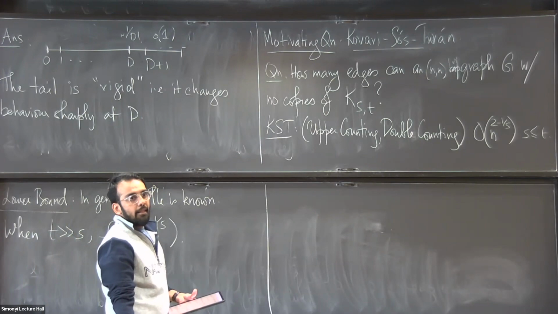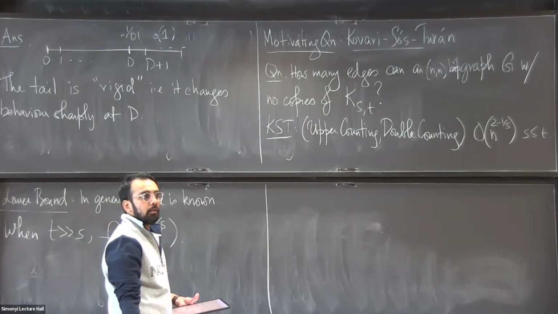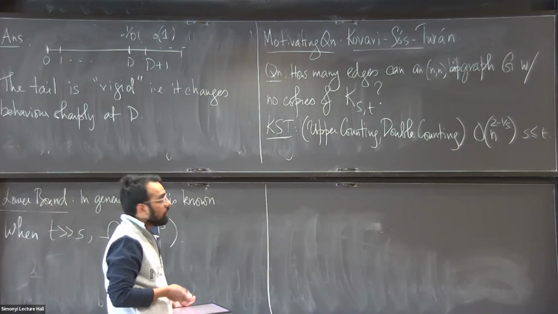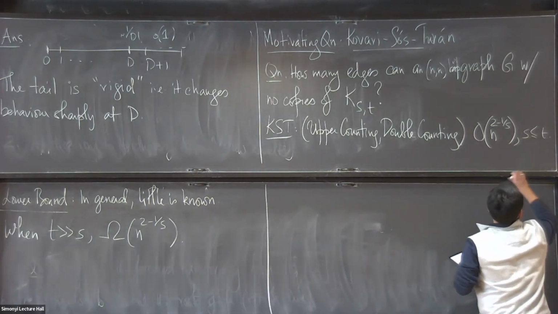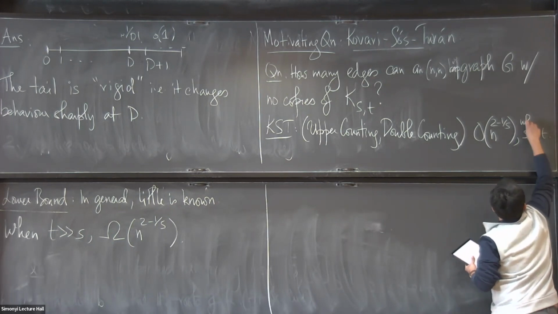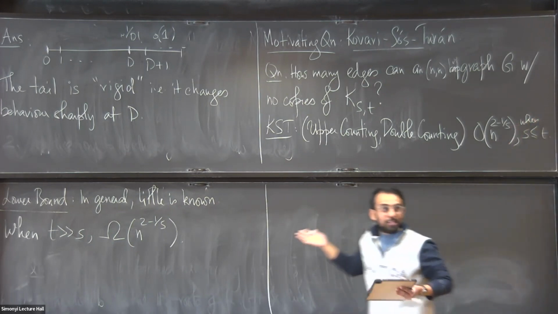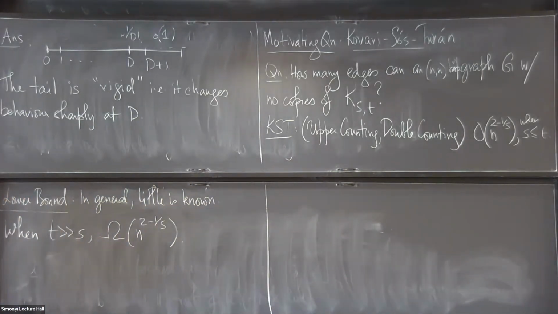Forbid a cycle of length 4, and then it should be n to the 3 halves, with s equals t equals 2. But why is t on the right? It's a condition: I'm saying when s is at most t. So sorry, you can also write down the bound with t, but you might as well write down the slightly better one. That's okay.